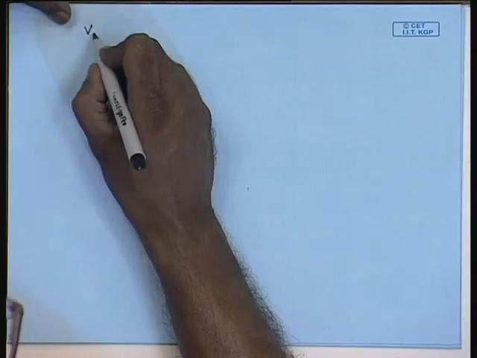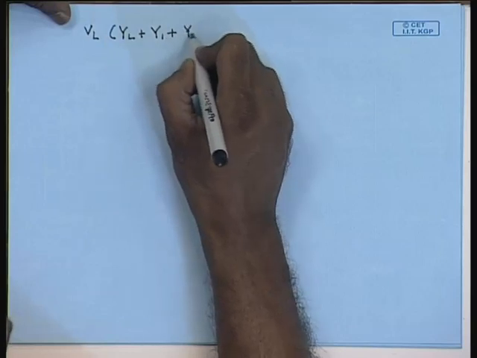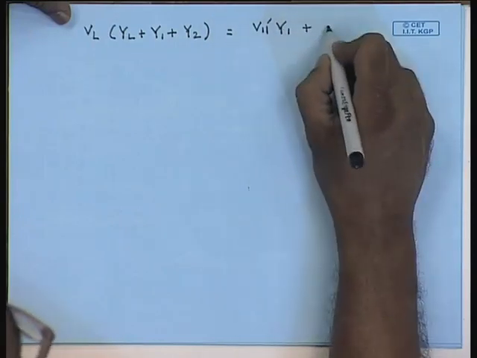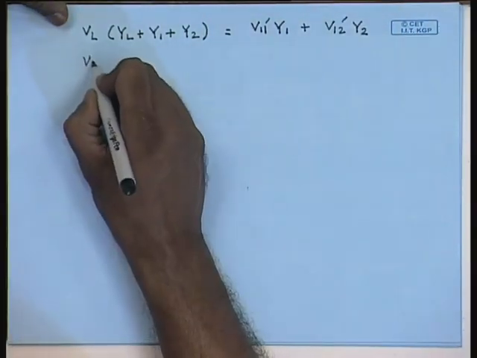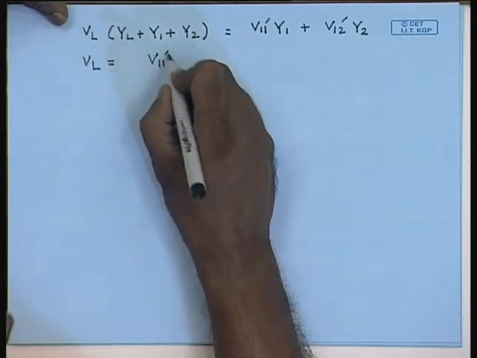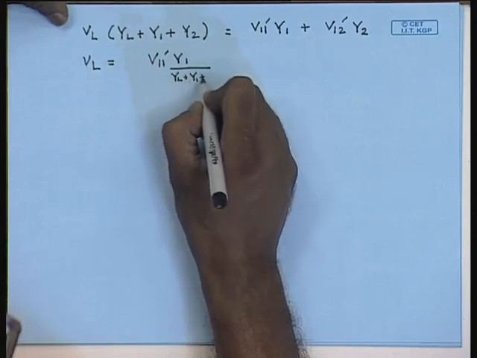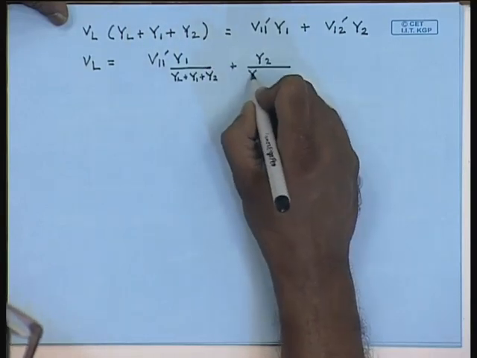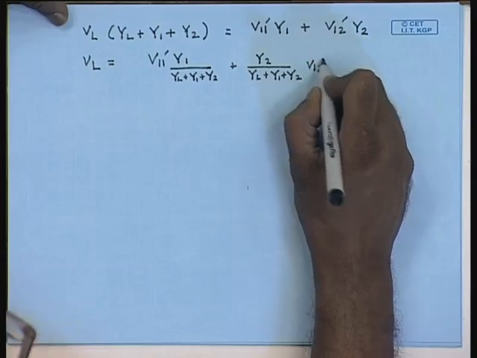Hence, we can write VL into YL plus Y1 plus Y2 equal to V11 dash Y1 plus V12 dash Y2, or VL equal to V11 dash Y1 divided by YL plus Y1 plus Y2 plus Y2 divided by YL plus Y1 plus Y2 into V12 dash.